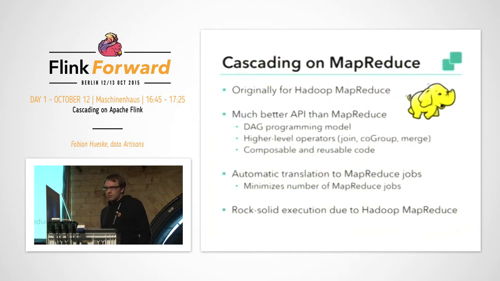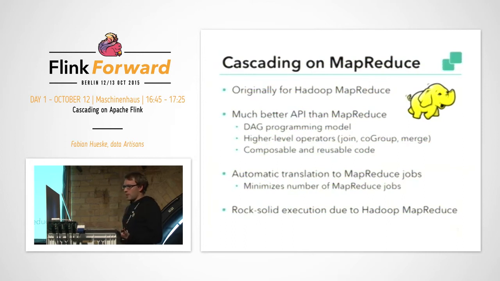So if you're familiar with MapReduce and have been writing more complex applications with it, you know that the number of MapReduce jobs has a big impact on how the application will perform. So if you have many jobs, the application will be pretty slow. And the whole execution is rock solid because it's based on Apache Hadoop.